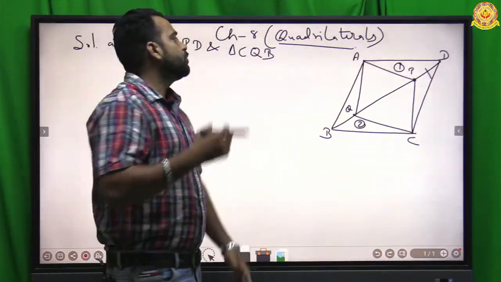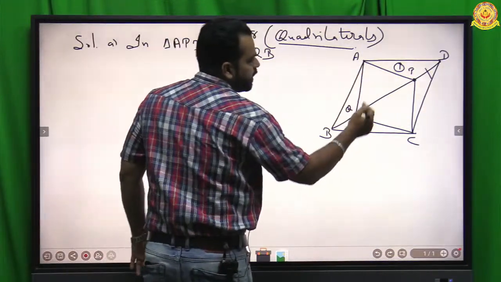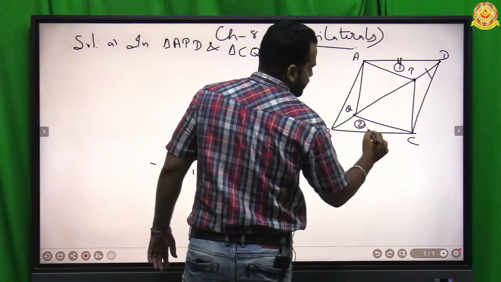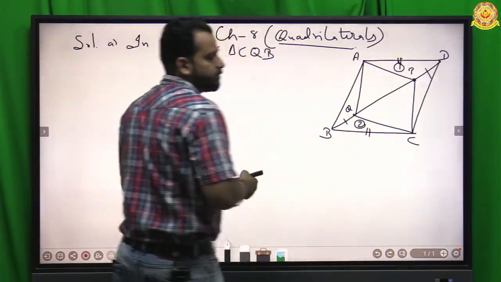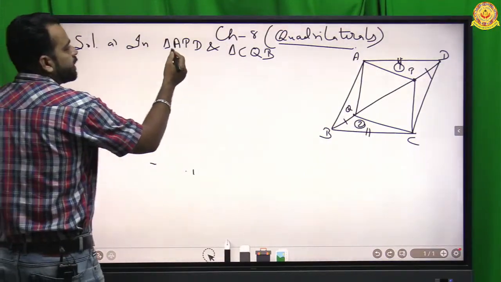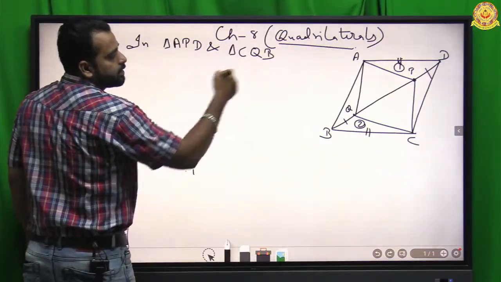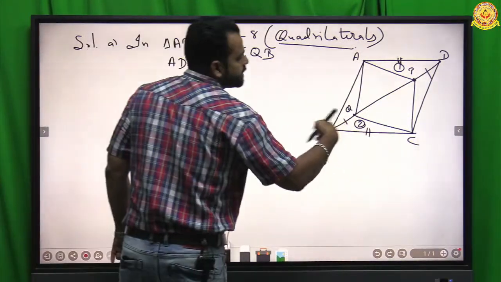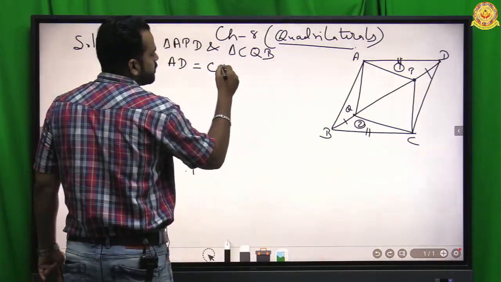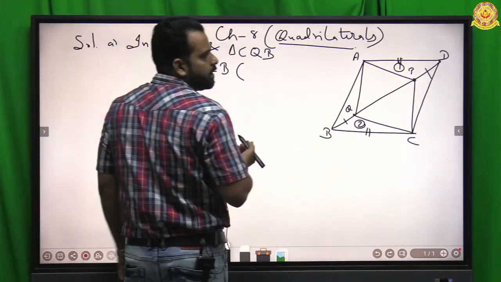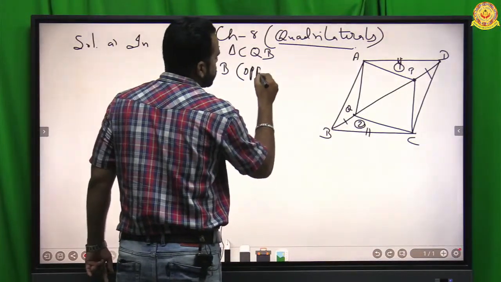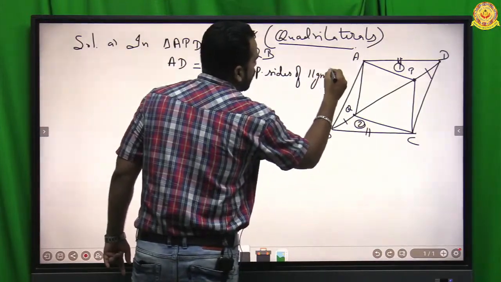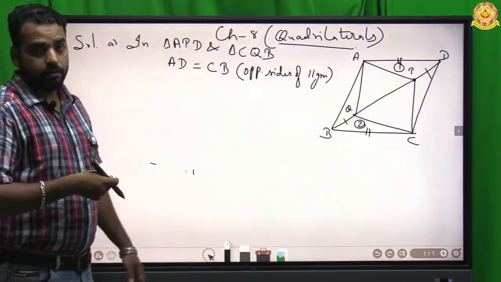So first we will write that in these two triangles, side AD is equal to side BC, isn't it? Tell me why. AD is equal to CB, obviously, because these are the opposite sides of a parallelogram, and we know that the opposite sides of a parallelogram are equal, right?